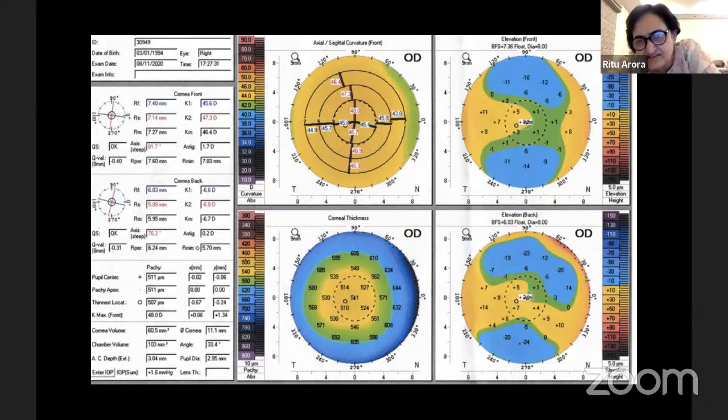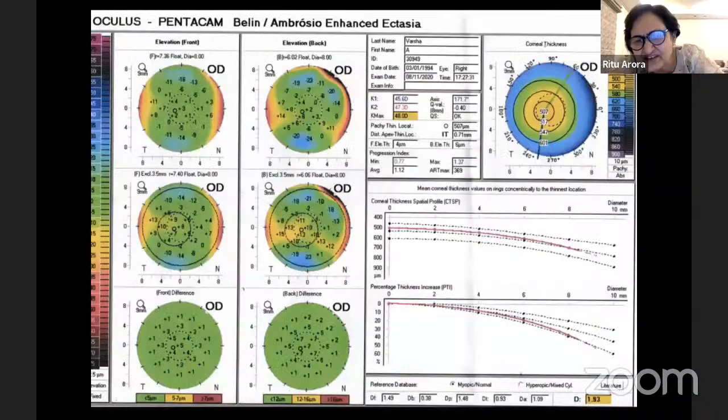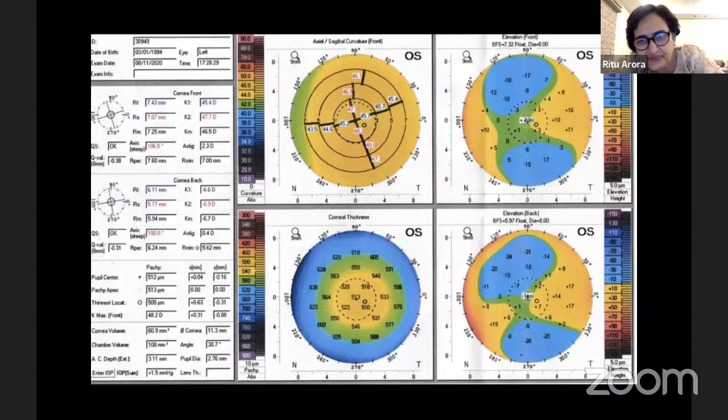And what is the central elevation? What is the figure? I can't read it. Anil, you can zoom it on your screen and read it out for us. 22 micron, I guess. It's written 22. Okay. And the posterior central? Is it minus 11, or what is it?